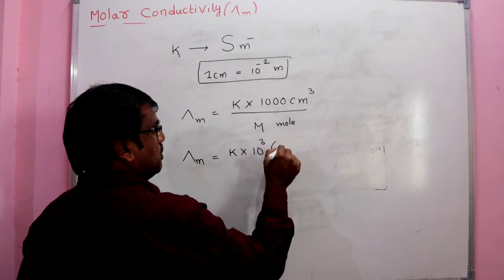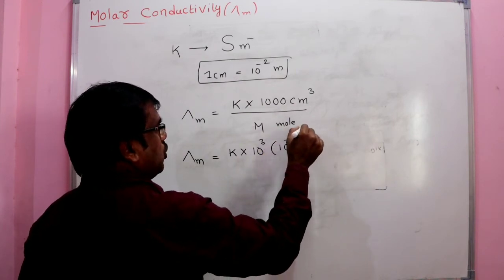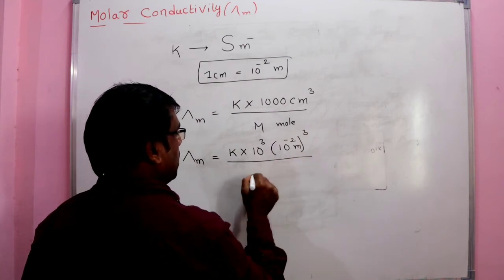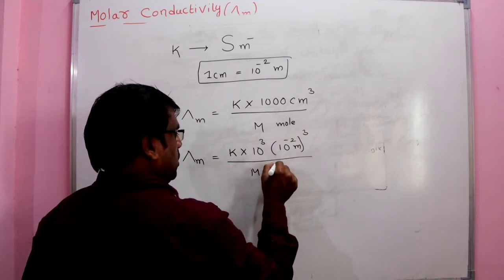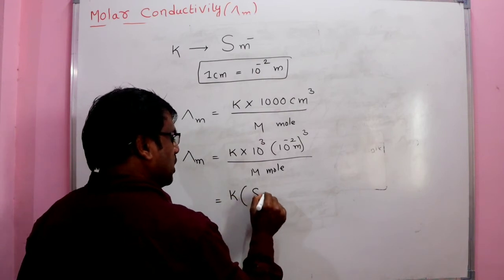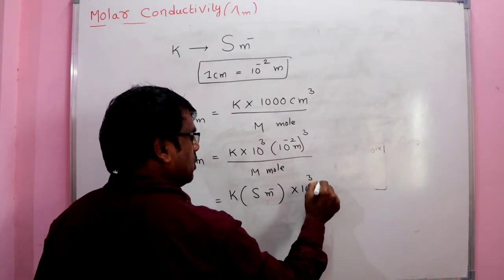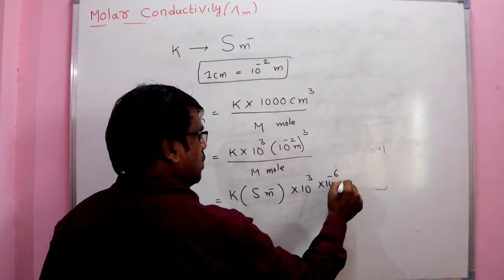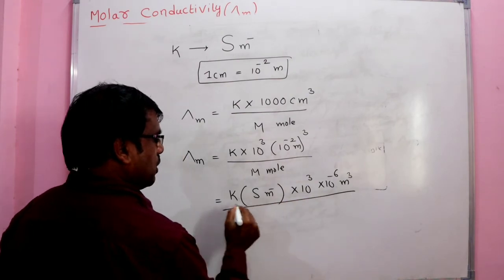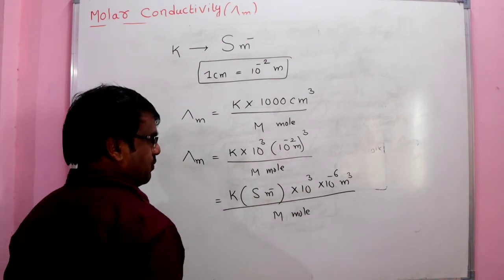In place of centimeter, what can we write? 10 power minus 2 meter whole cube, divided by M mole. Here in the examination, K is also expressed in Siemens meter inverse, into 10 power 3 into 10 power minus 6 meter cube divided by M moles. Then what will we get?